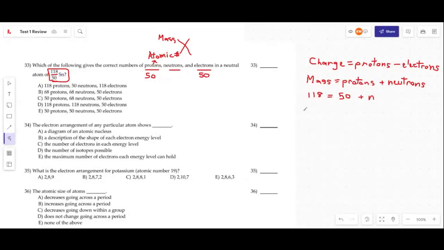And I'll just use N for the symbol for neutrons. Subtract 50 from both sides, and that gives you 68 neutrons. So I have 50 protons, 68 neutrons, and 50 electrons. And since it wants it in that order, protons, neutrons, and electrons, 50, 68, 50, the answer is C.